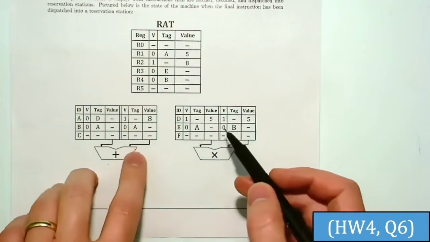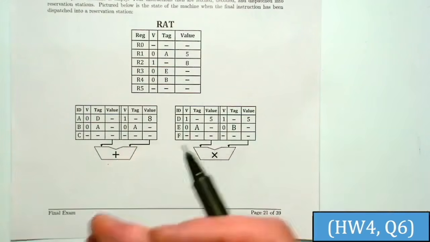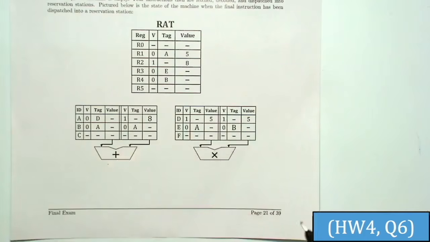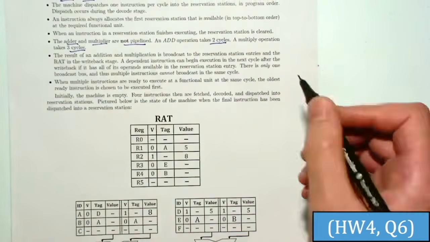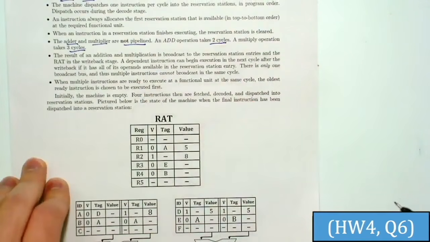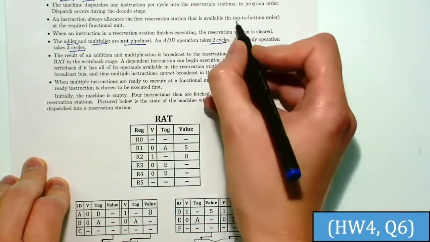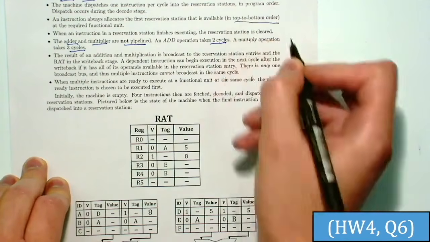You basically look at those tags over here in the reservation stations, and usually there's a dependency which helps you figure out which instruction comes first and which comes after. From the question, we know that the instructions are allocated to reservation stations in top to bottom order.